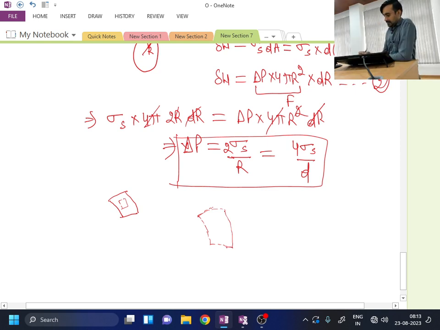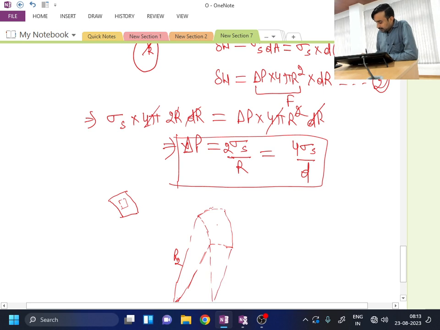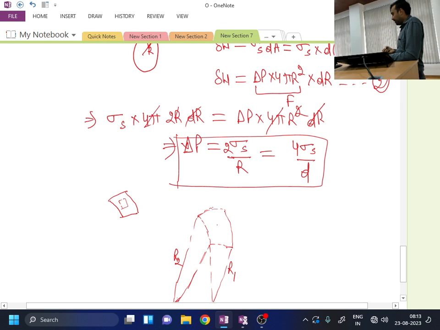In this direction, if I fit a circle, it has some radius r2, and in this direction if I fit a circle, it has some radius r1. Let us consider this angle is d theta 1 and this angle is d theta 2.